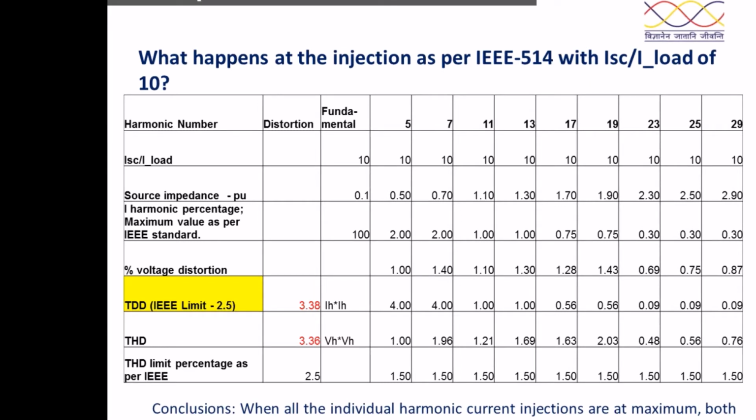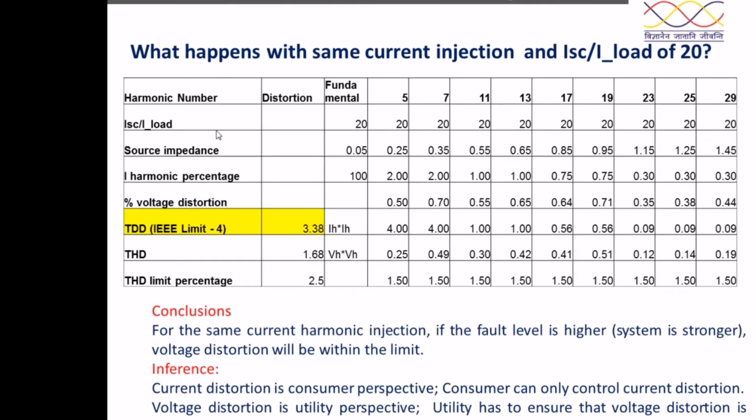Now, let us see what happens for the same percentage current injection. If ISC by IL is 20, it means for the same system, the percentage current injection, or the magnitude of the current that you are injecting, is the same, but the system has become stronger.